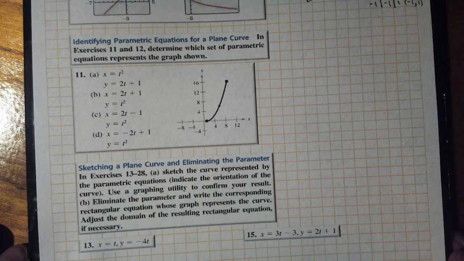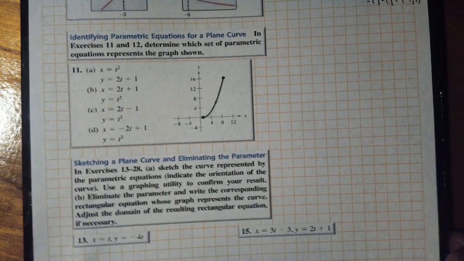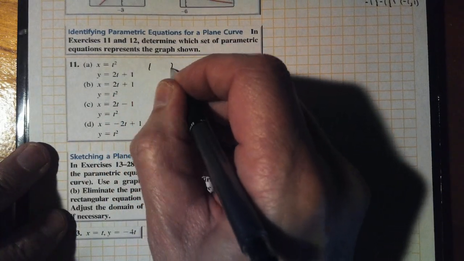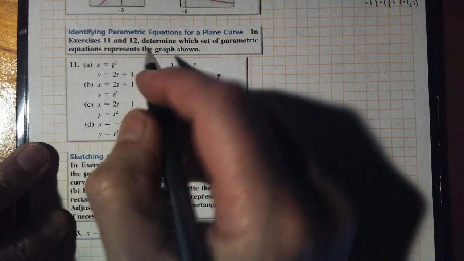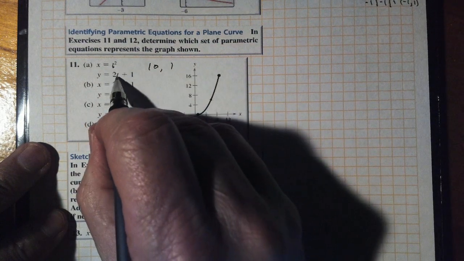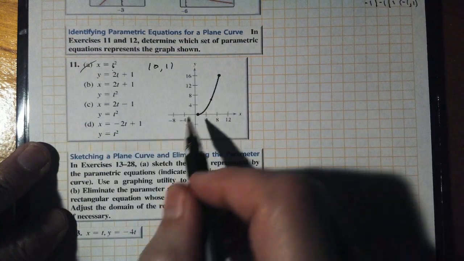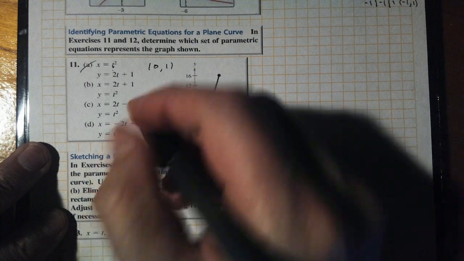And now they just give us one of those. So really much of the same, but I'm going to just go through this and start listing some ordered pairs. If I put in 0, I get (0, 1). So that is not a possibility because (0, 1) is most definitely not on this graph.